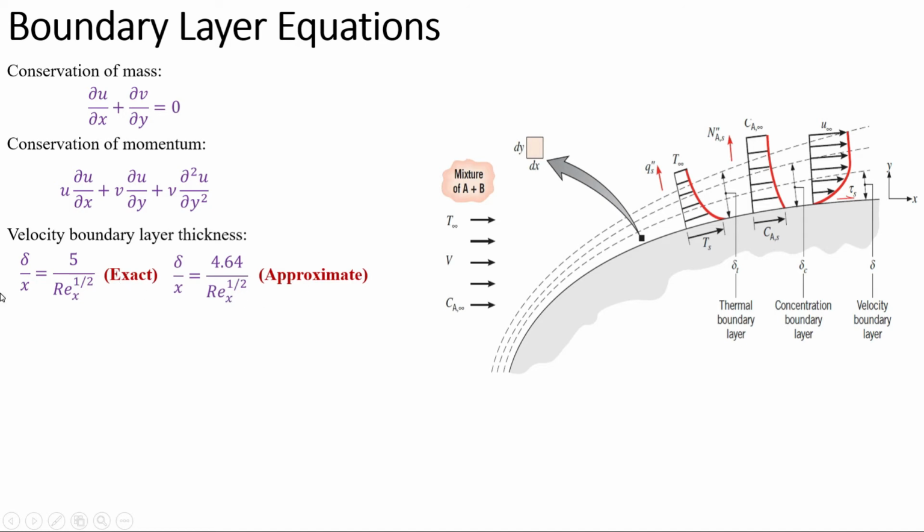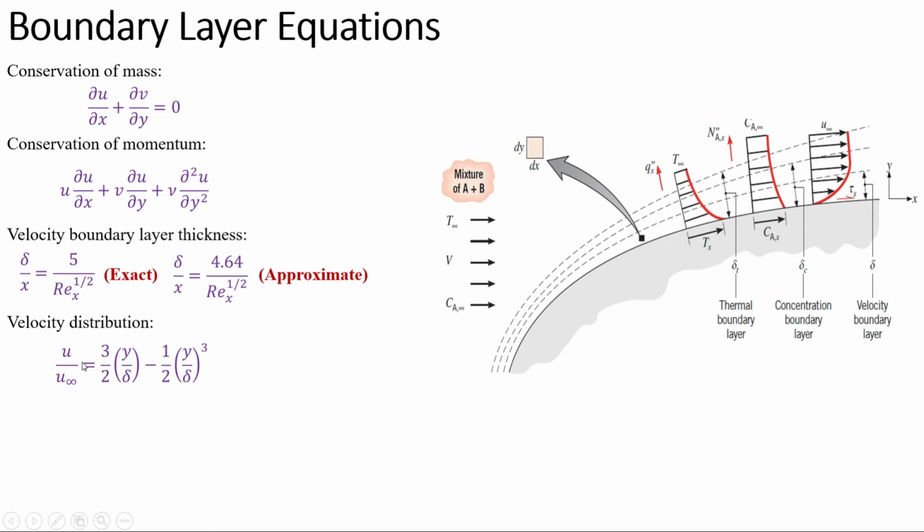These two boundary layer equations you have learned in your fluid mechanics course. And the velocity profile will be u upon u infinity is equal to 3 upon 2 y upon delta minus 1 upon 2 y upon delta power cube. I hope that you have learned these equations in fluid mechanics, so we are not going into detail of these equations.